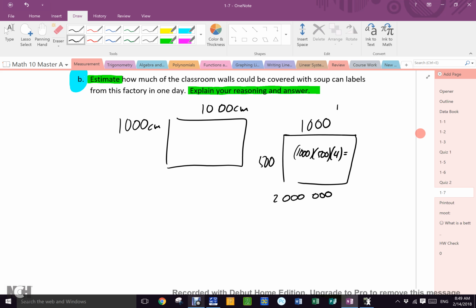15 times 15 over... times. Is there more than one way to do that question? Why is what I shaded in green so important? I need that explanation. Because if you don't have 2 million, you say, no, you won't cover the walls.